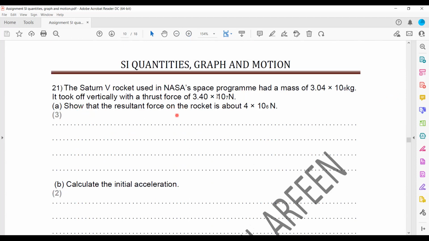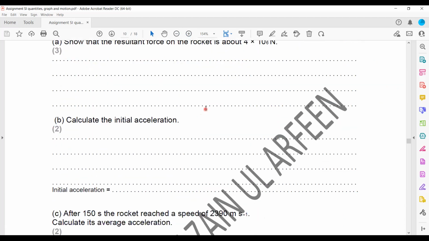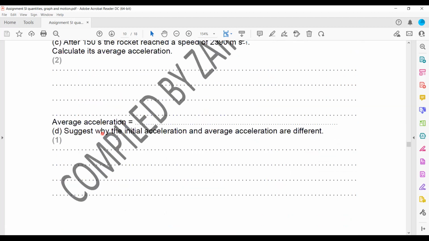It took off vertically and the thrust. For rockets, as they're consuming fuel, the mass is not constant, the fuel consumption is there, so the mass is changing. That's why the initial acceleration will be different as compared to average acceleration, because the mass of the rocket is not constant, as the mass is having an effect on the acceleration as well. So mass is changing. Due to change in mass, the resultant force will change, and as the resultant force changes, the average acceleration and initial acceleration won't be the same.